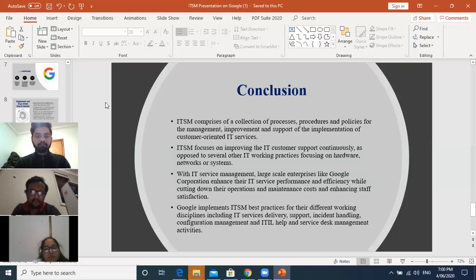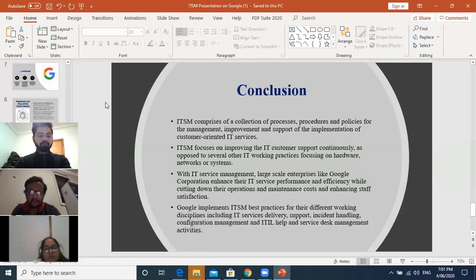ITSM focuses on improving the IT customer service continuously, as opposed to several other IT working practices focusing on hardware, networks, and systems. With IT service management, a large-scale enterprise like Google Corporation enhances its IT service performance and efficiency while cutting down the operation and maintenance costs and enhancing staff satisfaction.